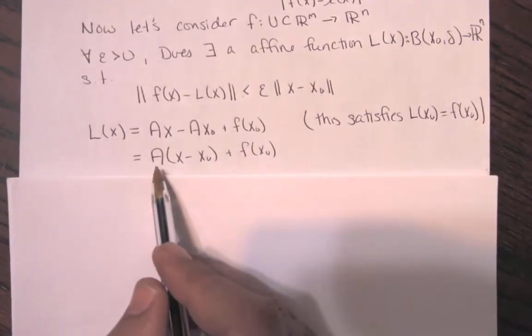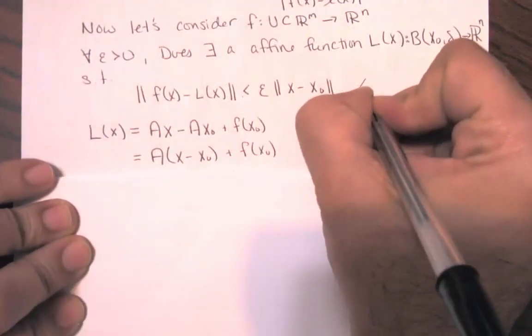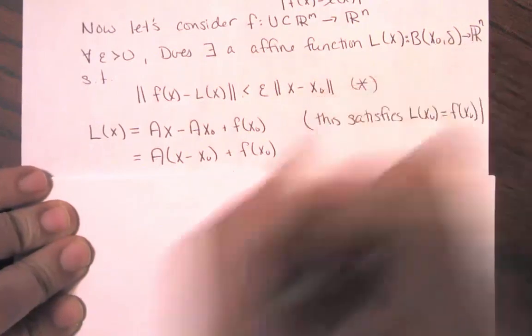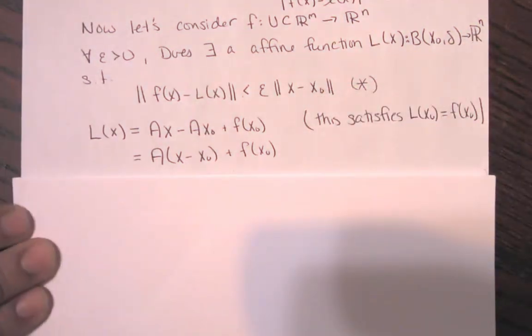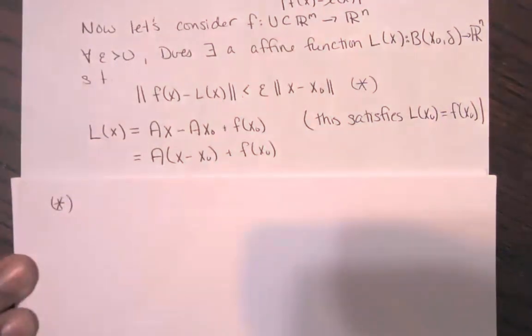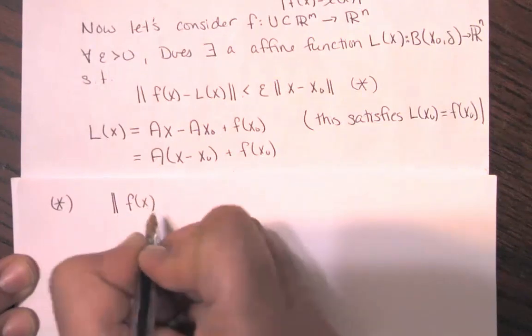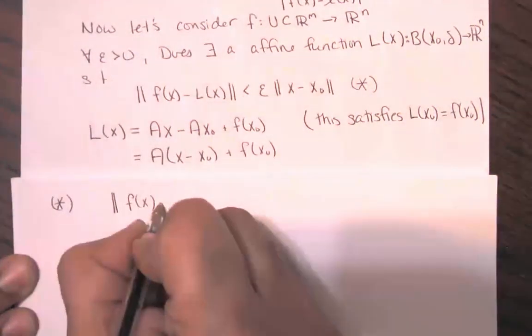So now that I have a representation for my affine function, let's continue this inequality here. I can replace L of x with my representation for an affine function.